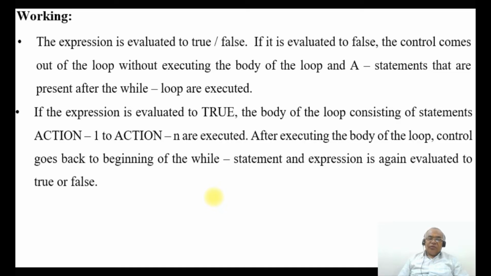After executing the body of the loop, control goes back to the expression at the beginning of the statement and checks for the true value. If it is true, again it will start executing. This is how it is evaluated till it becomes false.